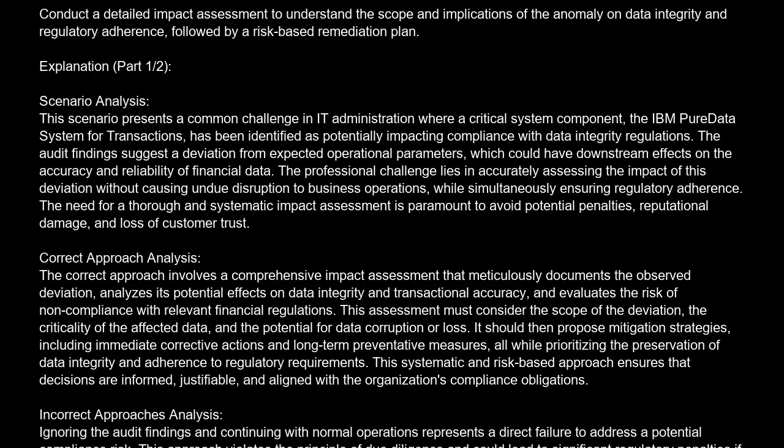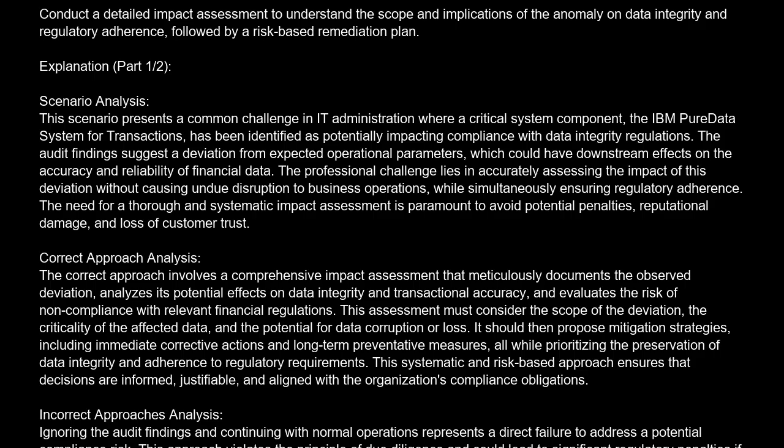Correct approach analysis. The correct approach involves a comprehensive impact assessment that meticulously documents the observed deviation, analyzes its potential effects on data integrity and transactional accuracy, and evaluates the risk of noncompliance with relevant financial regulations. This assessment must consider the scope of the deviation, the criticality of the affected data, and the potential for data corruption or loss.